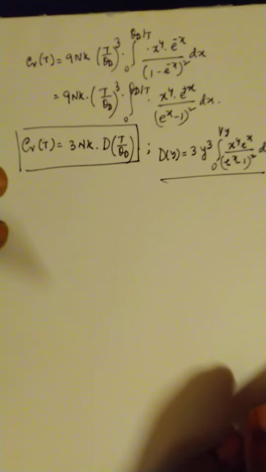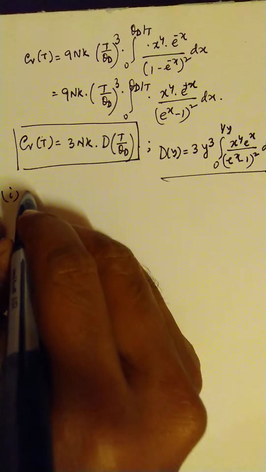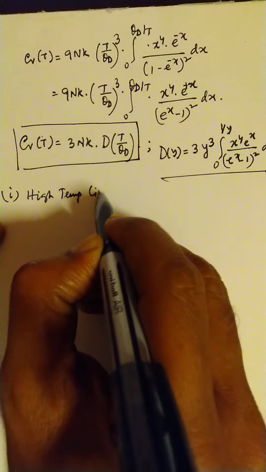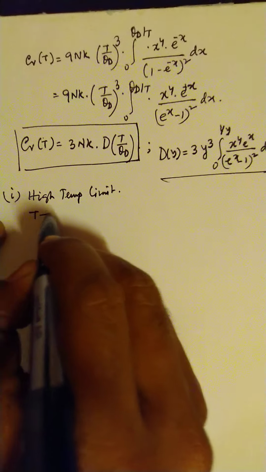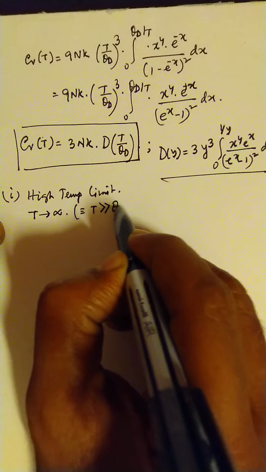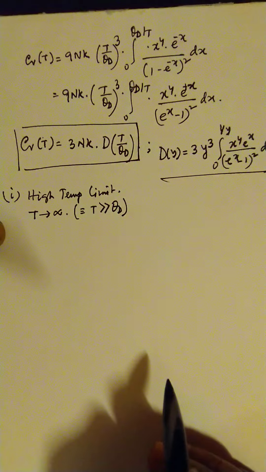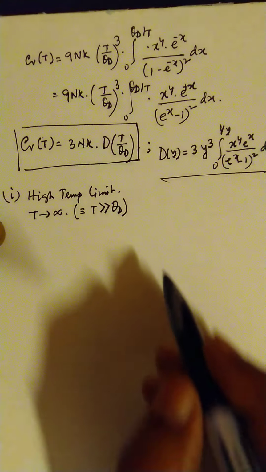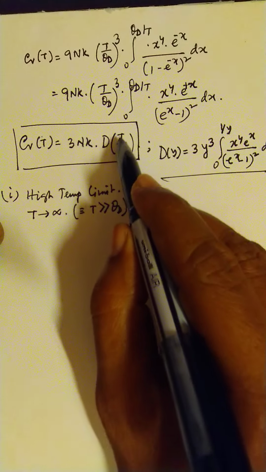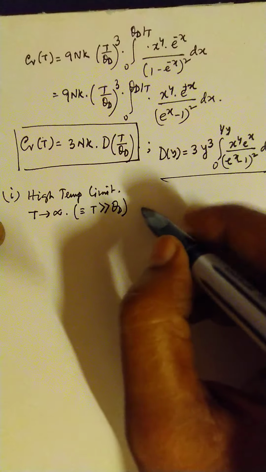Now let us see the two cases. So the first one is the high temperature limit, that means T tending to infinity. That essentially means T is much greater than the characteristic temperature, in this case the Debye temperature, right? So given this, what is D(y) in this case, that argument y is tending to 0?